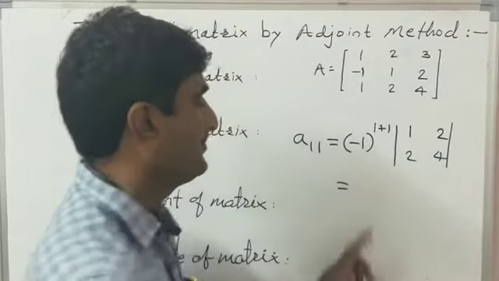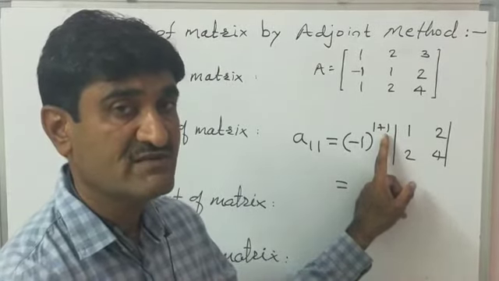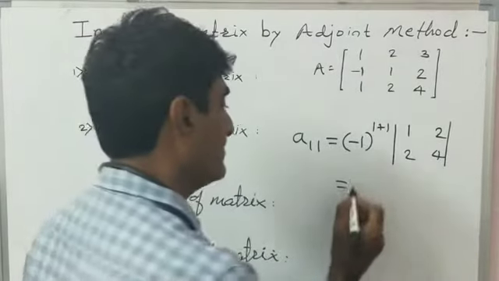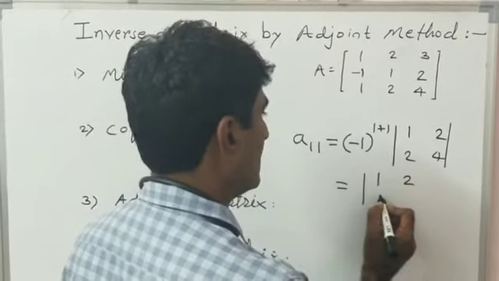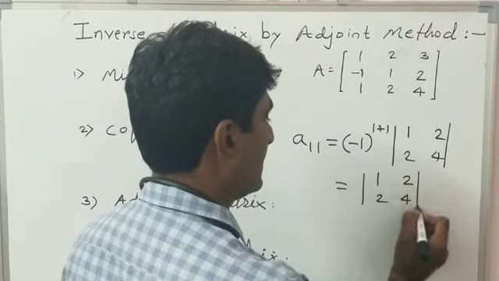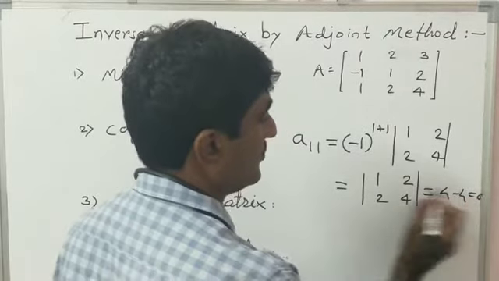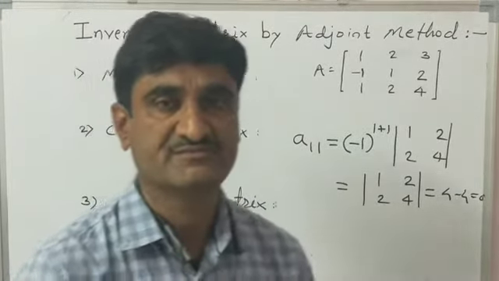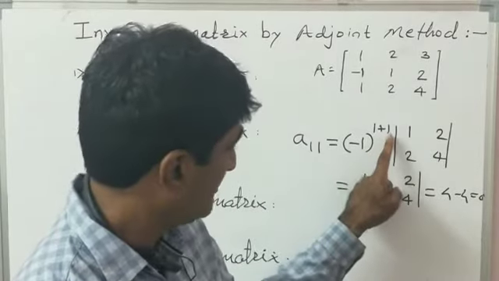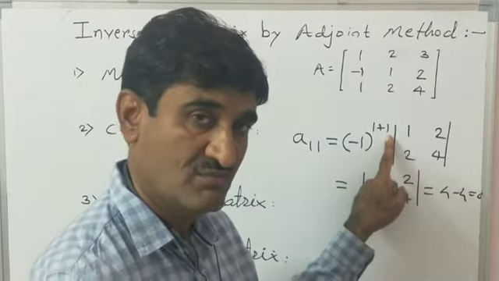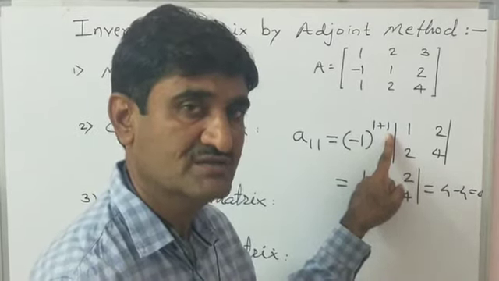That is -1 to the power 2, which is -1 squared, equal to 1. Therefore it is 1 times (4 minus 4), which is 0. So the coefficient is -1 to the power of the row number plus the column number in which the element is included.